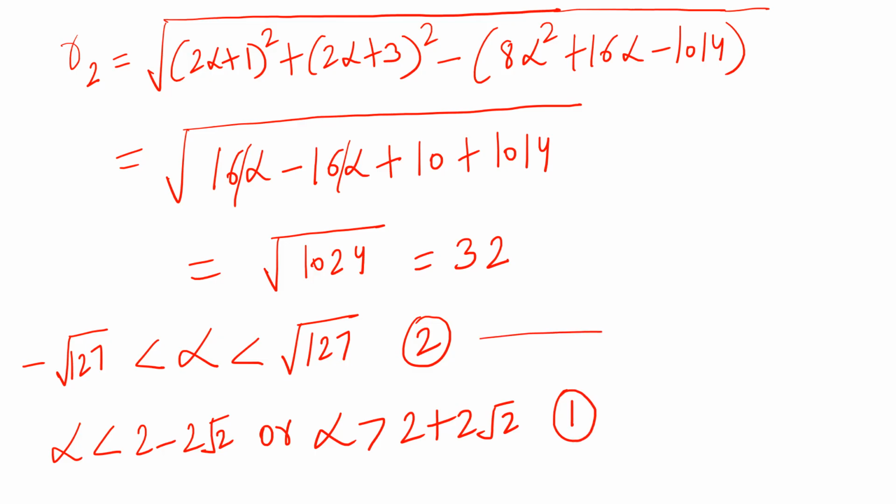Now students, to get the final range of α, we will take the intersection of both of these conditions, right? Let's move further. After taking the intersection of these two conditions, we finally get the range of α as α greater than 2 + 2√2 and less than √127.